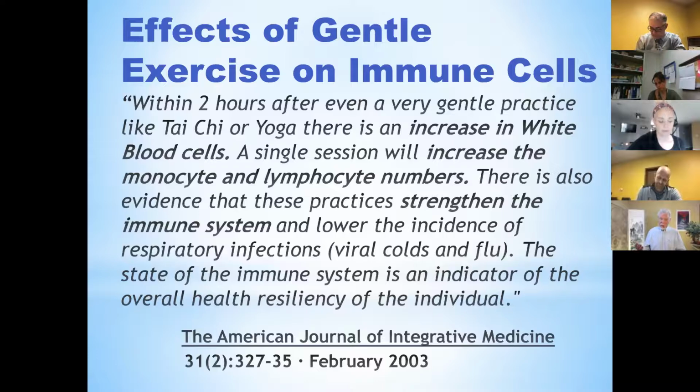So having a healthy immune system means that everything else is healthy. And you could say that about the cardiovascular system. When the cardiovascular system is healthy, the whole person is healthy. You could say the same thing about the nervous system, the parasympathetic and the sympathetic nervous system, when the person has what is called homeostatic capacity. Homeostatic capacity means the capacity to return to homeostasis, which is the balance between the sympathetic and the parasympathetic.